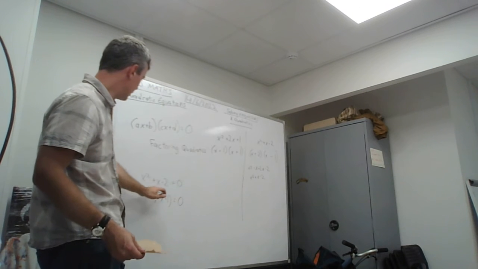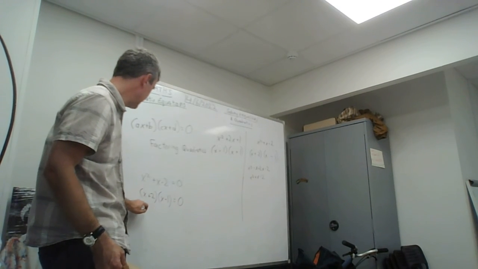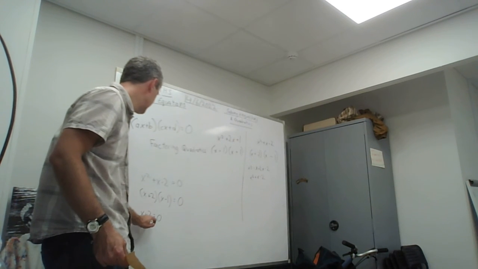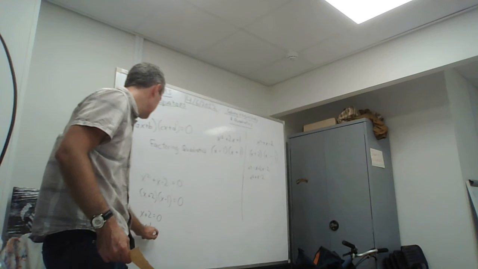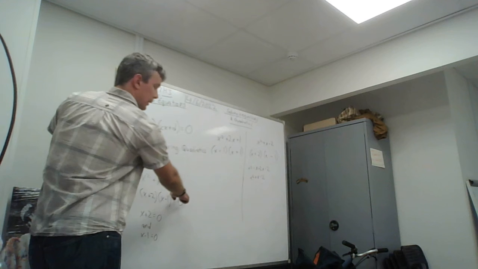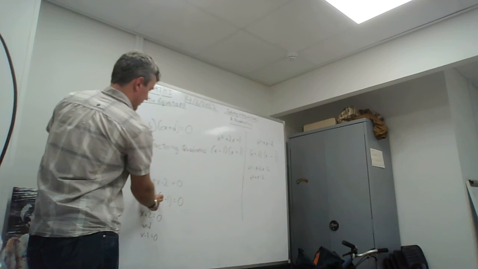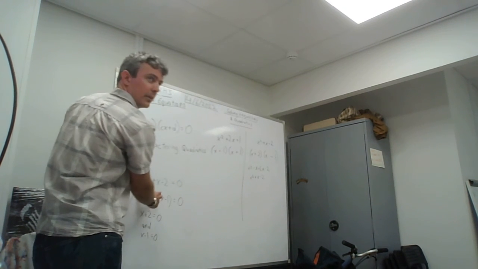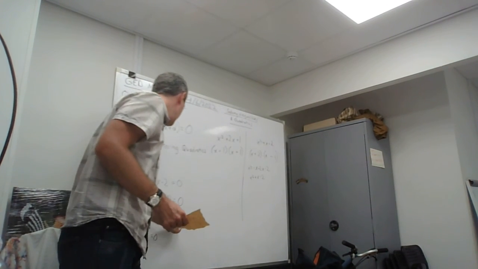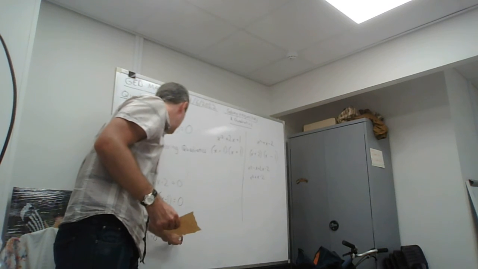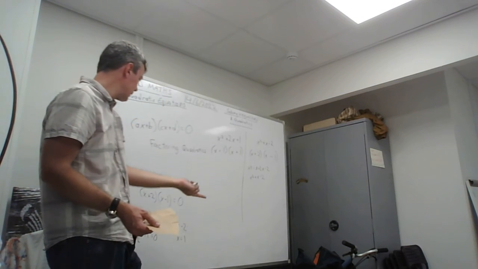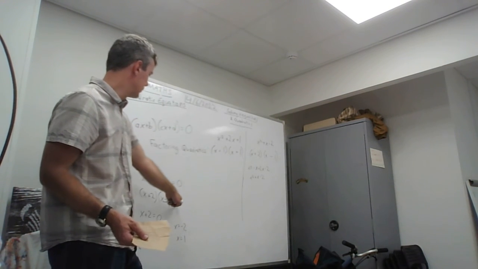So the solution is x plus 2 equals 0 and x minus 1 equals 0, because either value of x which makes this true will make the whole thing equal 0. If this is 0, it doesn't matter what this is, it'll be 0. So we can solve for each one. Therefore, x equals minus 2 and x equals 1. So there are two answers. x can be either minus 2 or 1, and you'll get 0.